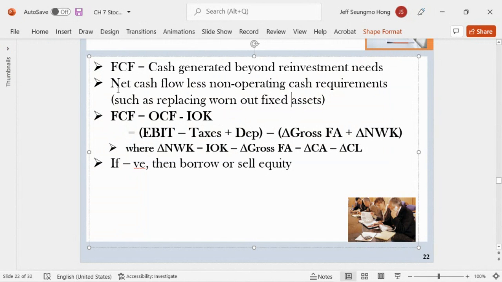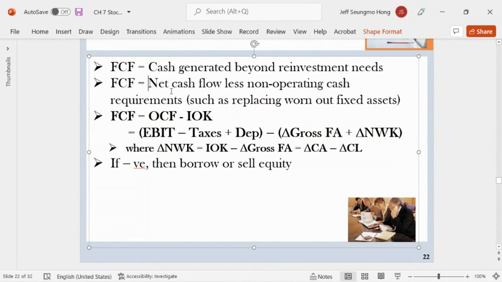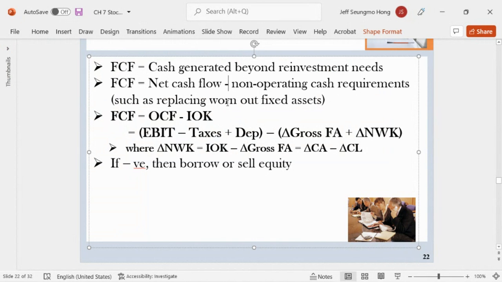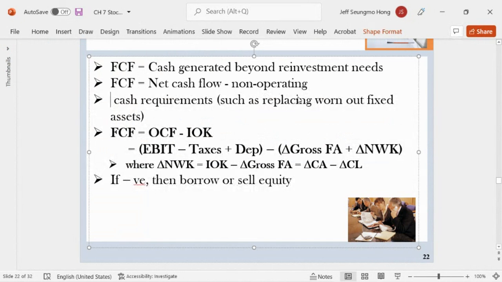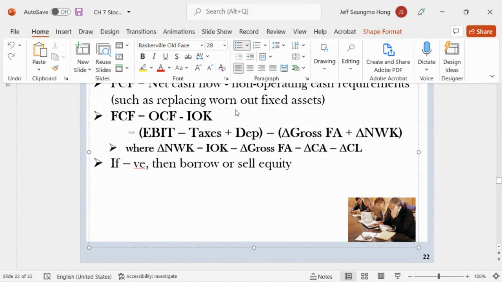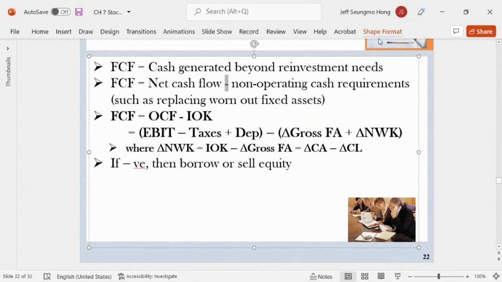Net cash flow, and it is net cash flow also. Net cash flow less... Okay, I'll have to find it.